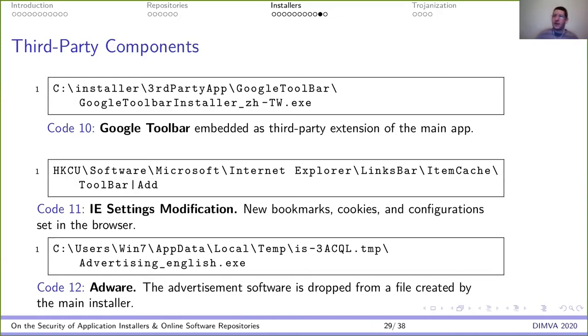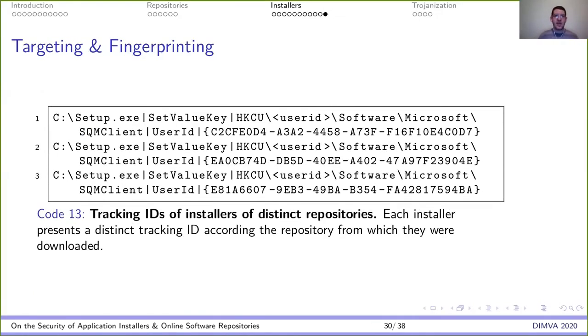And a common thing among them is that most of them are used to somehow fingerprint or to target the application. As you can see here, the same software downloaded from distinct sources, writing to the same registry key, writes distinct tokens, distinct IDs, to these registry keys.